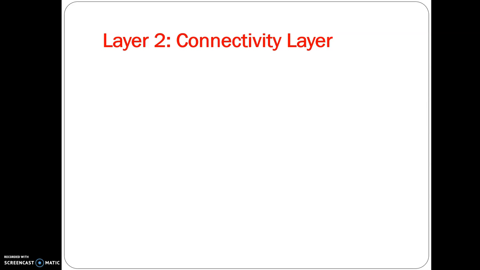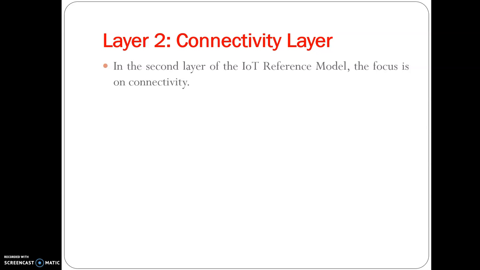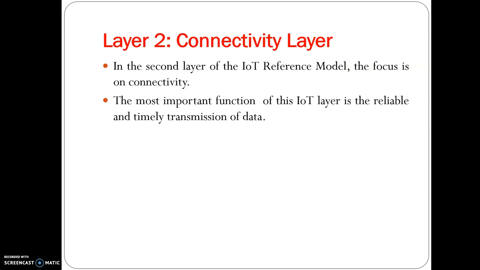In the second layer of the IoT reference model, the focus is on connectivity. The most important function of this layer is reliable and timely transmission of the data.